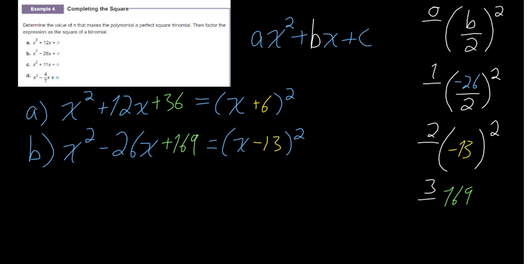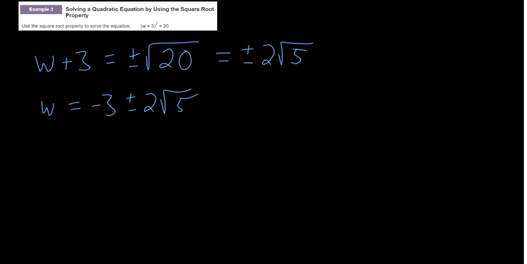Okay, so real quickly though, before I go too far, the process of doing this is so we can solve quadratic equations when we cannot factor. So let's see, we'll go back to something like this.